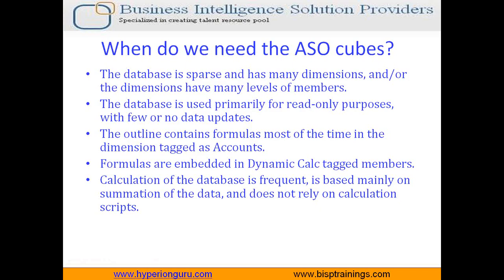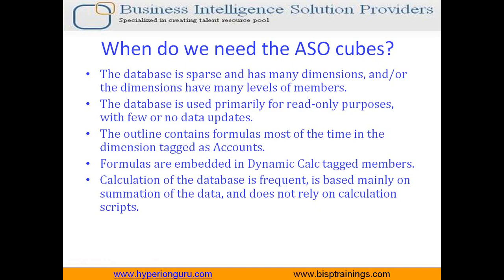Calculation of the database is frequent, is based mainly on summation of the data, and that does not rely on calculation scripts. So, as I said, we have very limited formulas in ASO, and whatever we have, they mostly are in the account dimension. So it is basically the architecture.